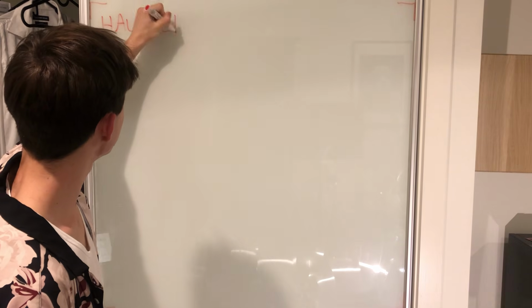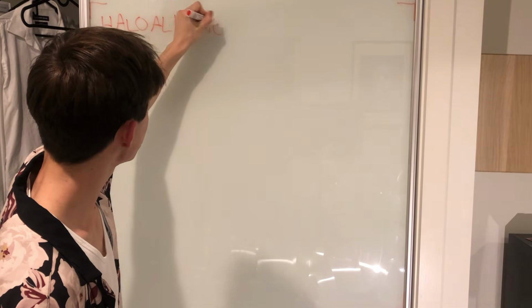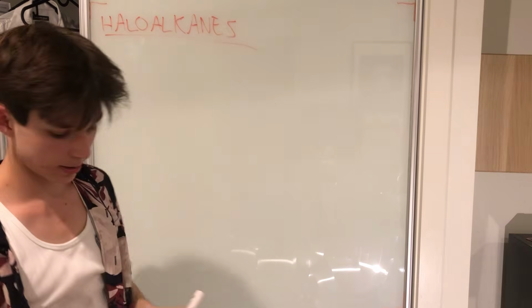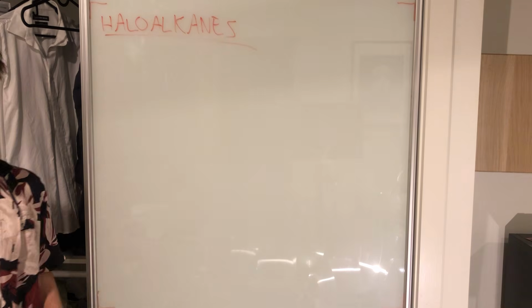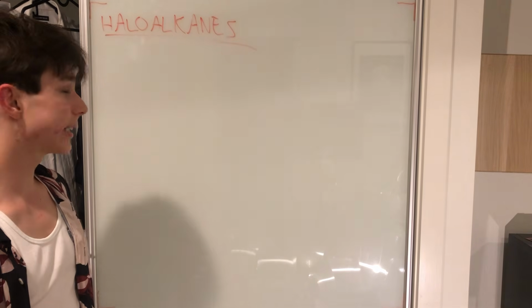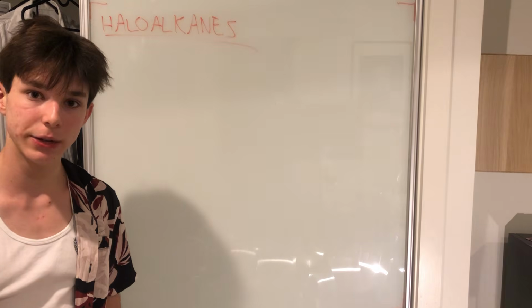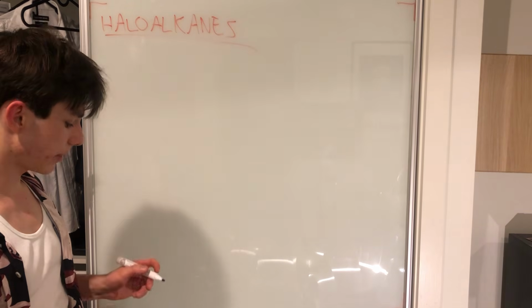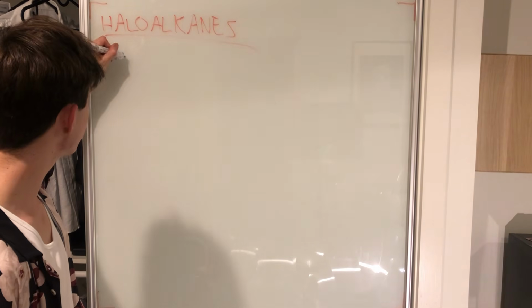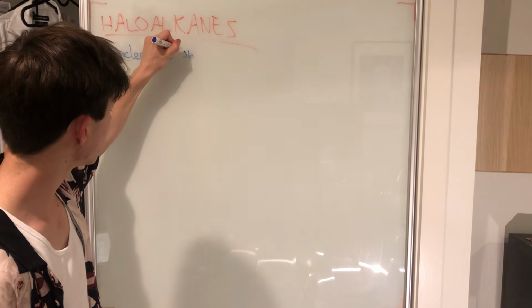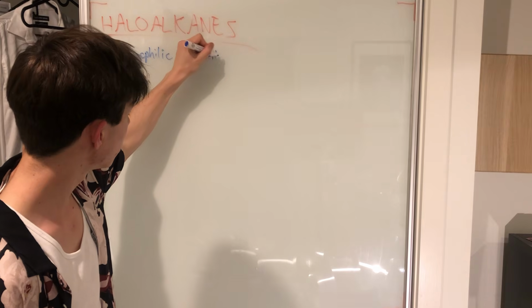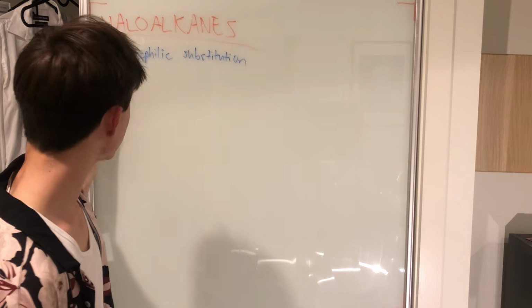So new page in your notes, big heading, haloalkanes. Now, haloalkanes are capable of undergoing a new type of reaction, and we call it nucleophilic substitution. So it's still substitution.